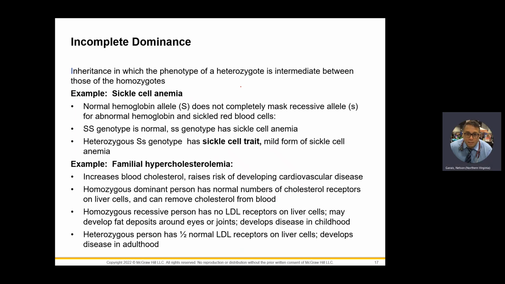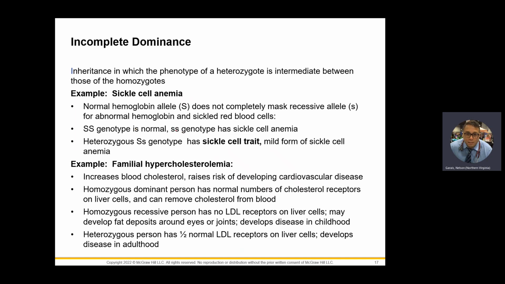Incomplete dominance, I want you to think of sickle cell anemia. And of course, we've already talked about sickle cell anemia. So the homozygous, capital S, their genotype is normal and their phenotype is also normal.